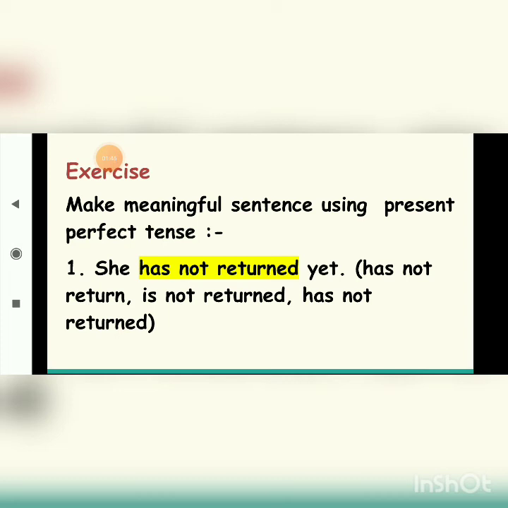She dash yet. In the bracket there are three options, students, we have to select any one. Has not written, is not written, has not returned. Okay students, so the correct word over here will be has not returned. So the sentence will become, she has not returned yet.